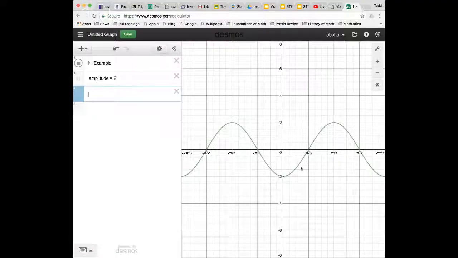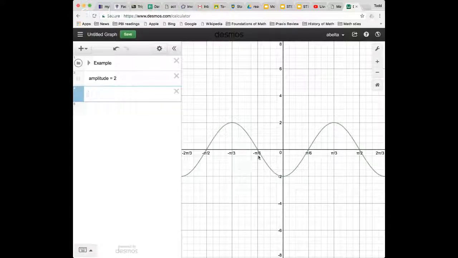From -pi/3 to +pi/3 is going to be 2pi/3. If we go from 0 to 2pi/3, that would also represent one period. If you did -pi/6 to +pi/2, that's also a distance of 2pi/3, and that's a repeating block. It doesn't matter where you start.